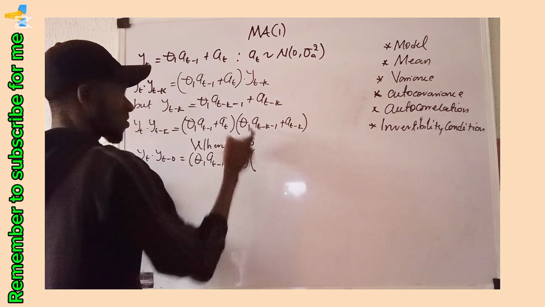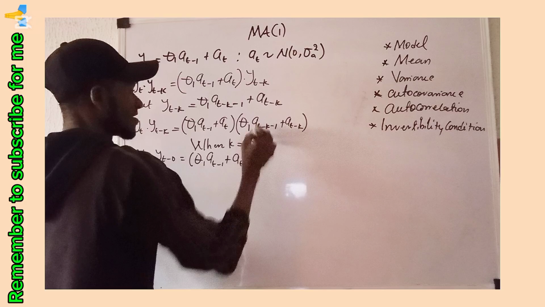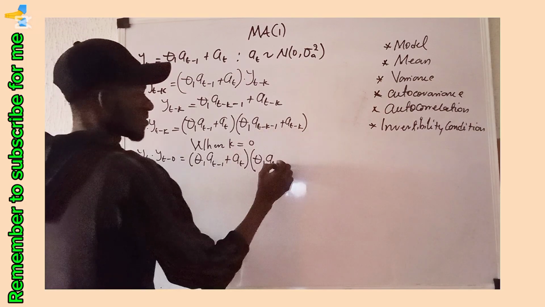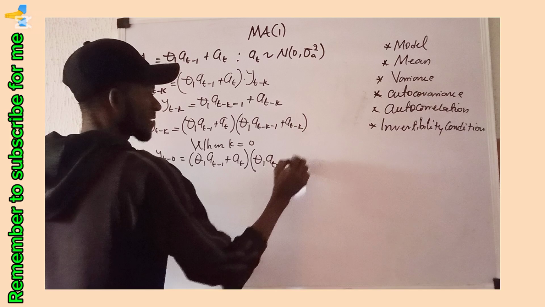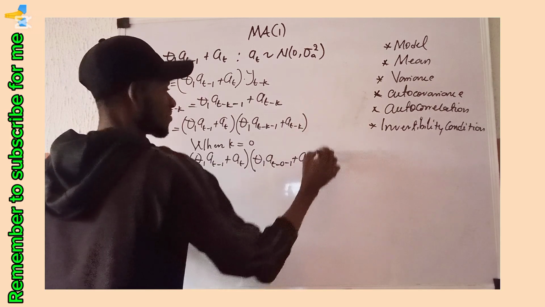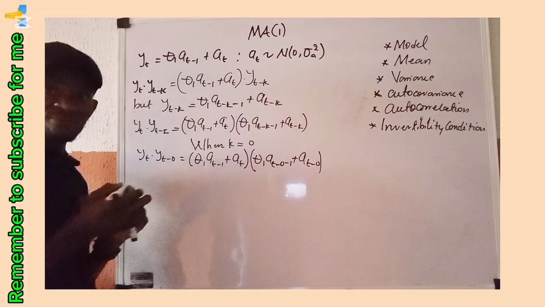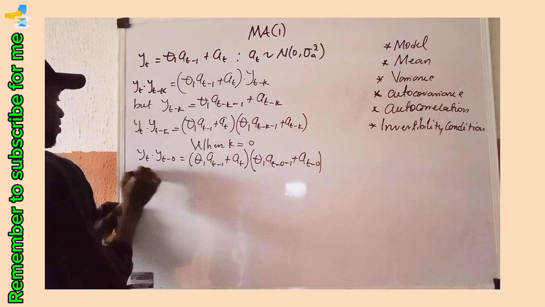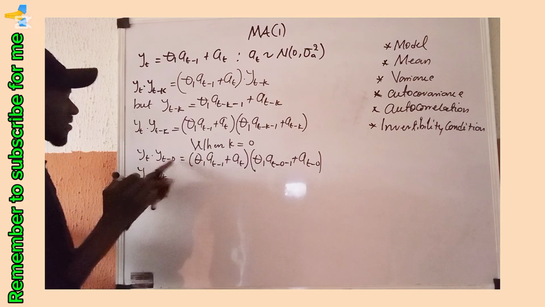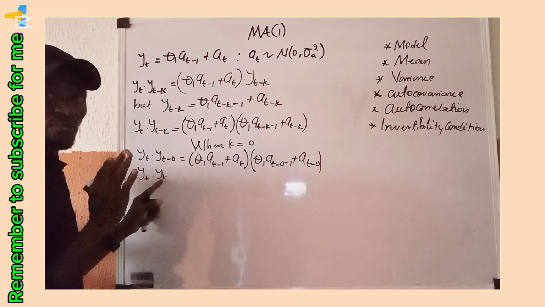Close, open. Come here: theta 1 a of t minus 0 minus 1 plus a of t minus 0, since k has been assumed to be 0. Close the bracket. So this becomes y of t multiplied by y of t, because t minus 0 is ordinary t.